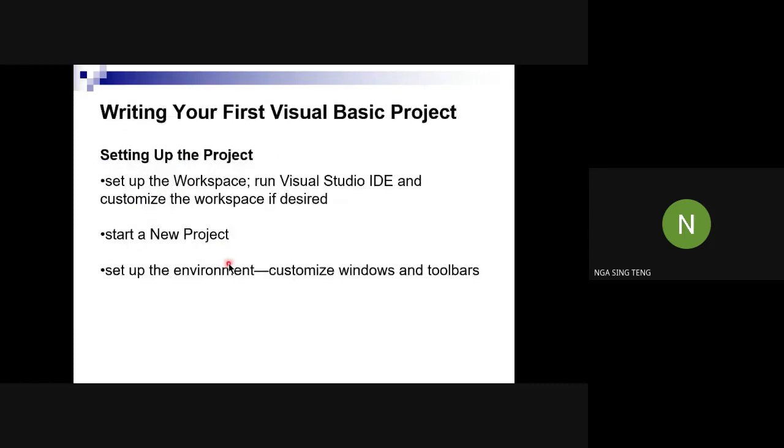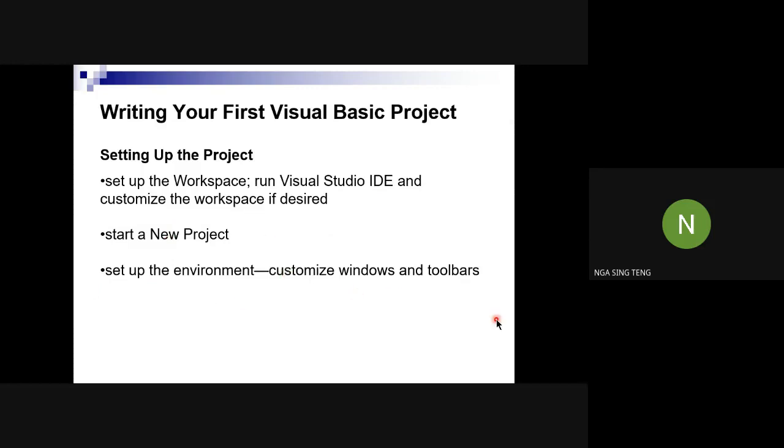I think your first VB project here. You have to set up the project, set up the workspace, run the Visual Studio IDE, and customize the workspace if desired. Create a new project in Visual Studio, the one that you have installed. Set up the environment.